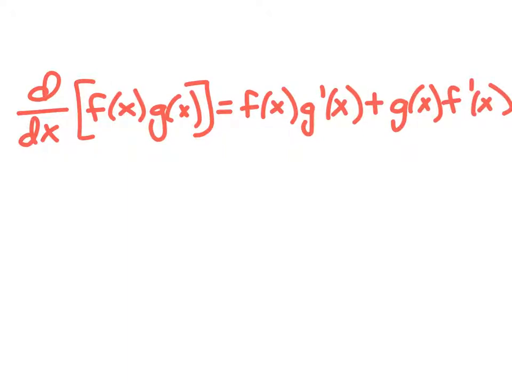So again, product rule says take the first, multiply by the derivative of the second, plus the second, times the derivative of the first. Now, keep in mind you are adding in between, so if you switch this half with this half, and do this half first, it won't make a difference mathematically because you're just adding in between. So let's do the same example we just did a moment ago, but now using the product rule.